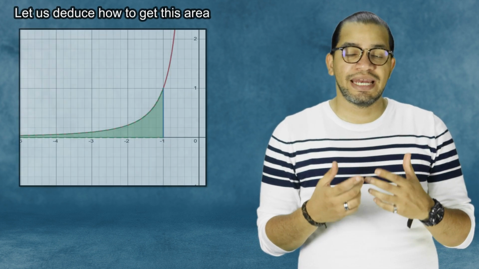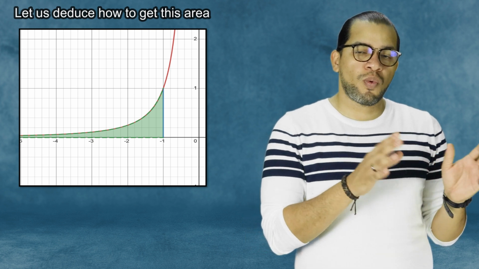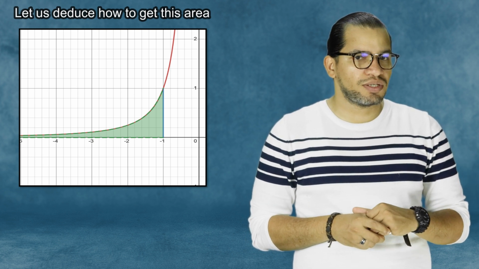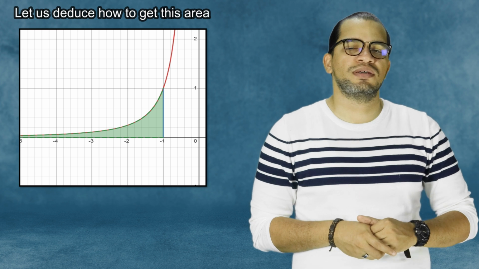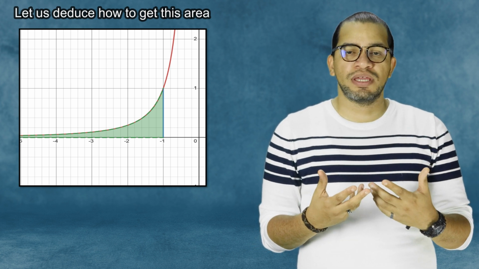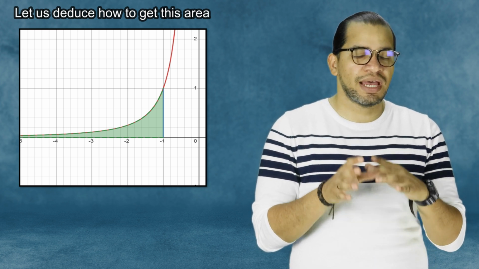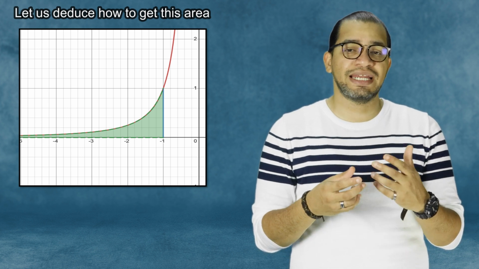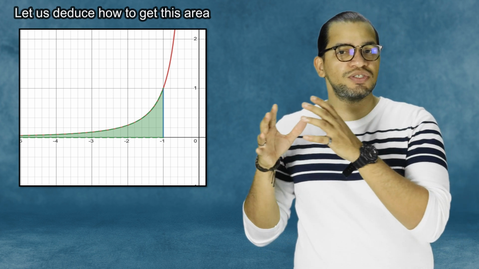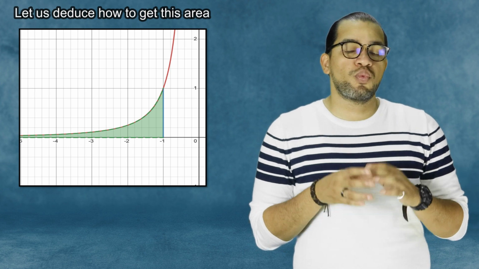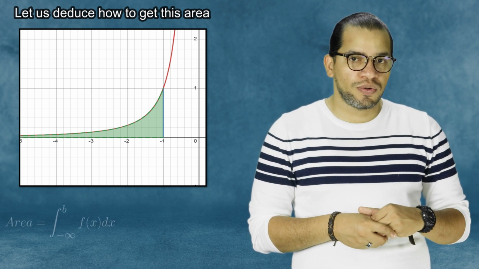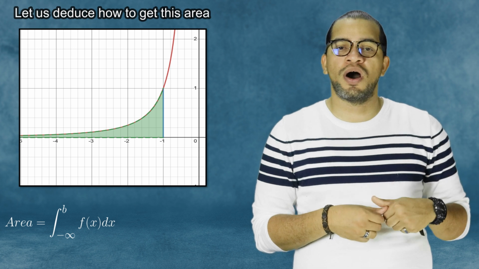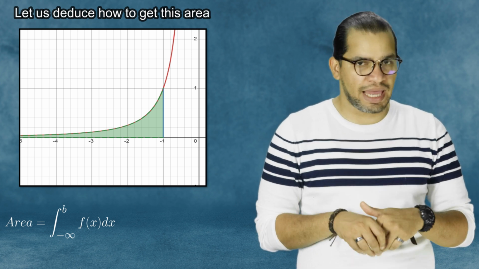As I mentioned in the introduction, we want to compute the area under a curve of a function in an interval where one of the extremes is not finite or both of them are infinite. For example, if we want to compute the area under a curve of a function in an interval from minus infinity to a point b, we will need to do the integral from minus infinity to b of f of x dx.